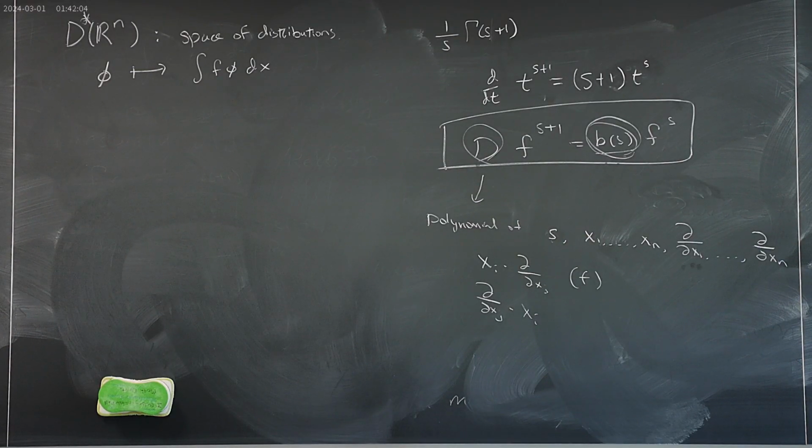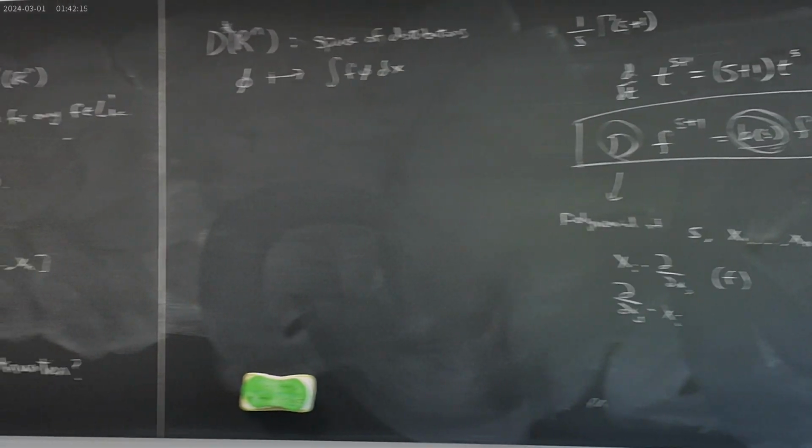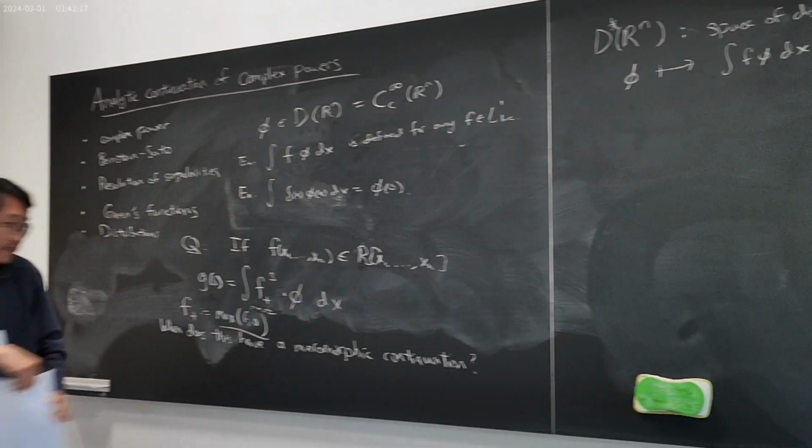Now, we can phrase our question as saying: I want to define for each complex number s, g of s, which is a distribution. This is the object here.